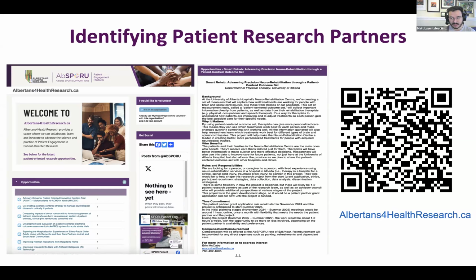And additionally, you can look into any communities that you might be a part of that are involved in your program of research or topic of interest. So expanding to look outside of your immediate research team and looking into the community that you want to work with or study is a pretty big step in looking to identify some research partners.